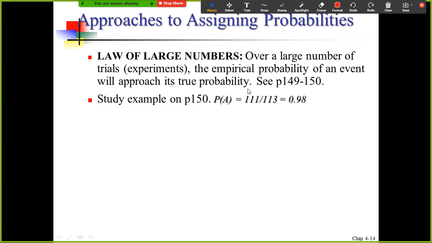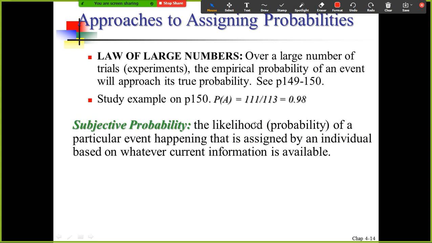You can see this in the textbook, pages 149 and 150, especially page 150, where the probability of A equals 0.98.